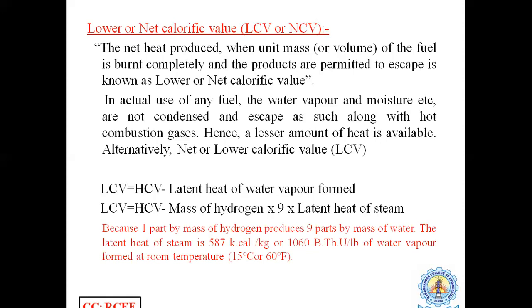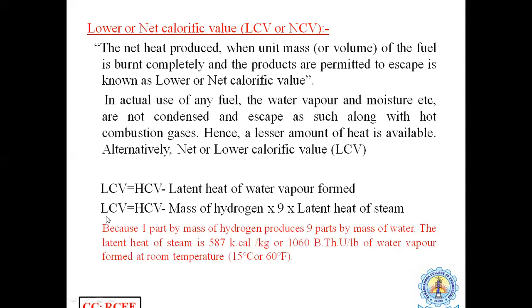So that is why LCV is equal to HCV minus mass of hydrogen into 9 into latent heat of steam. So we can write 587 kilocalories per kg in the place of latent heat of steam.